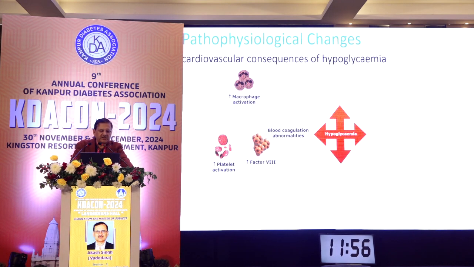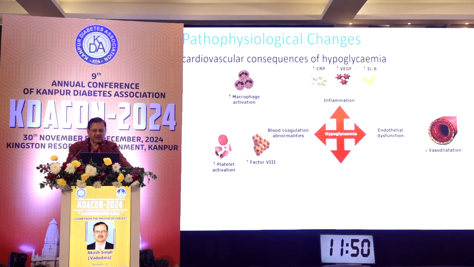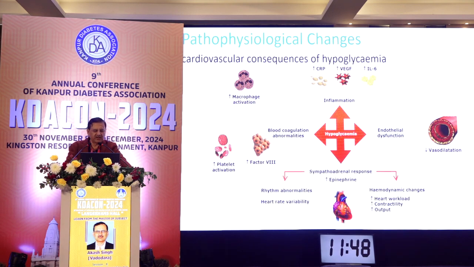So the pathophysiological changes are that the inflammatory cascade is activated, there are more inflammatory markers, endothelial dysfunction is there, a pro-thrombotic state develops, and there is a sympathoadrenal response. All of this basically complicates the condition of the patient and can lead to excess severity.